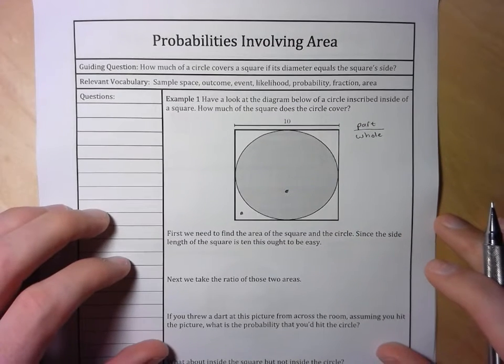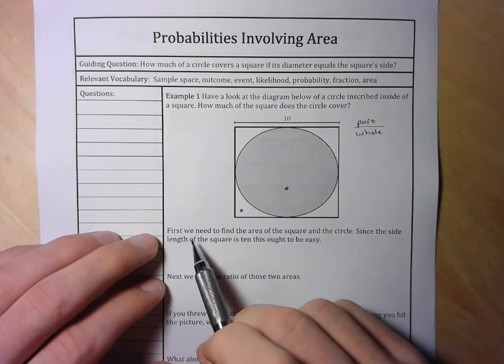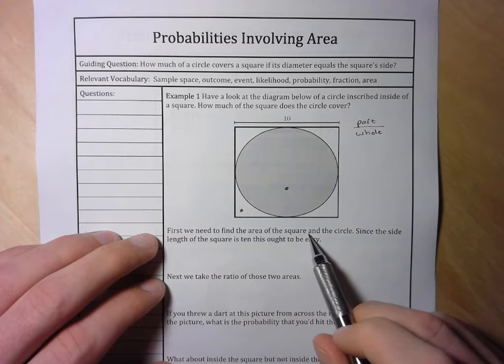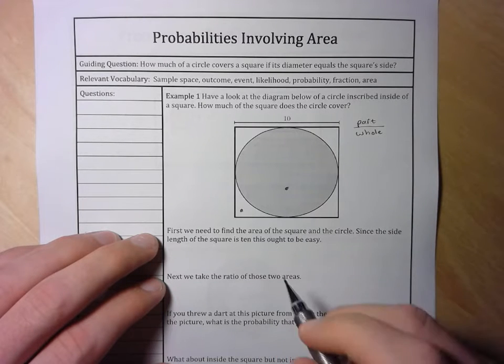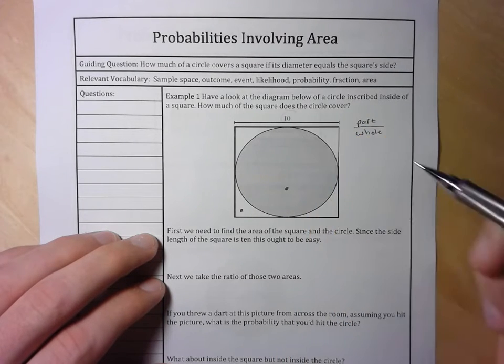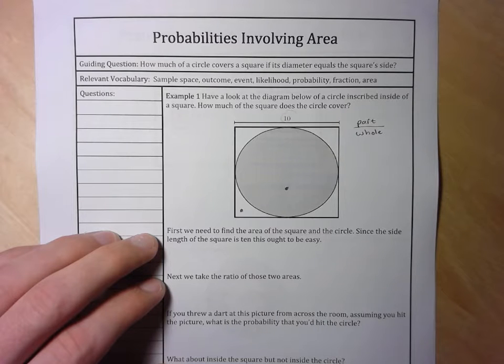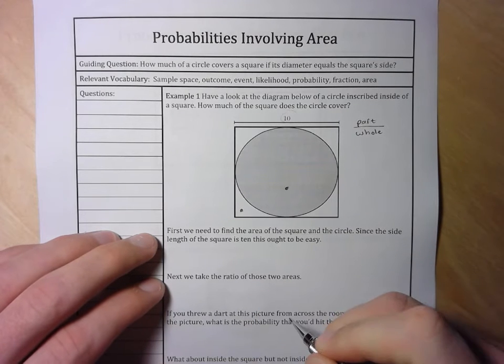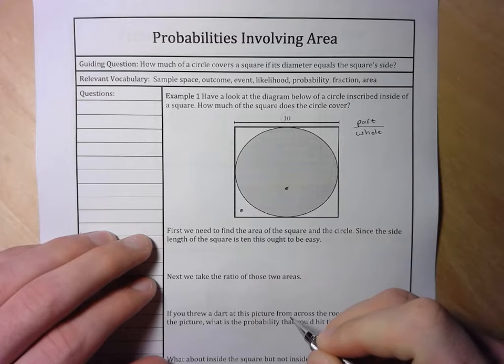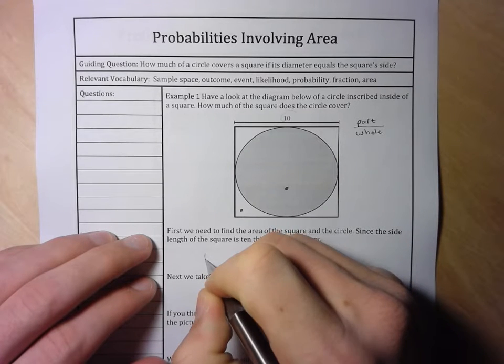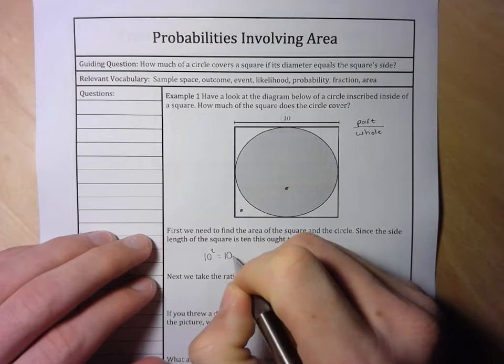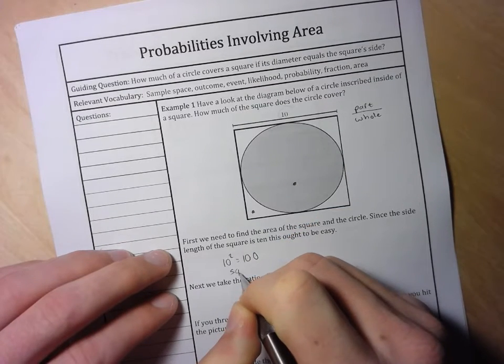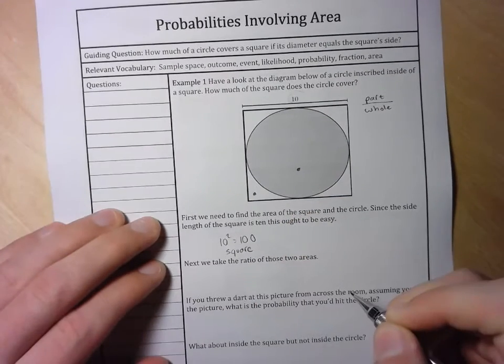So the first thing we need to do is find the area of the square, and that's pretty easy because the square is 10 units long. So the area of the square is 10 squared, or 100. And then we also need to find the area of the circle.